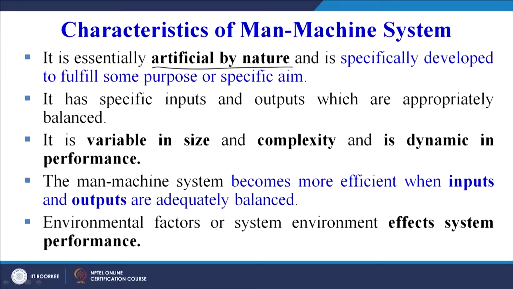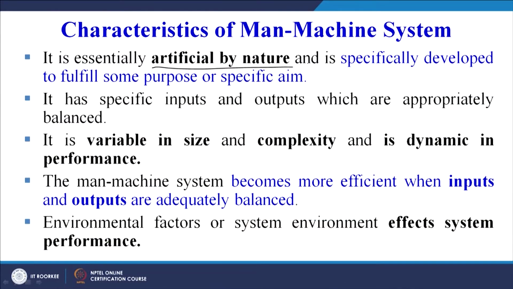So it is essentially artificial by nature and is specifically developed to fulfill some purpose or a specific aim. It has specific inputs and outputs which are appropriately balanced. So we have balanced what the input is going to be and what output we are going to produce from this specific set of inputs.